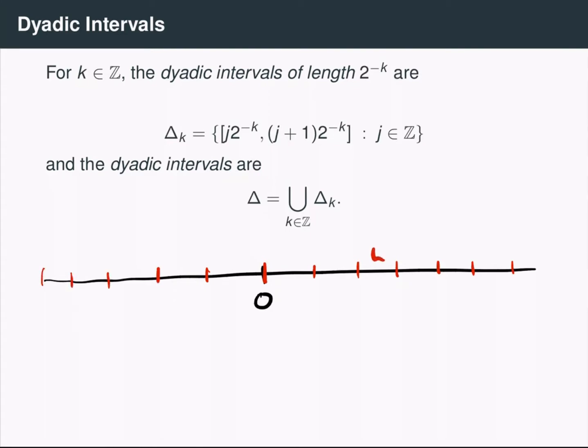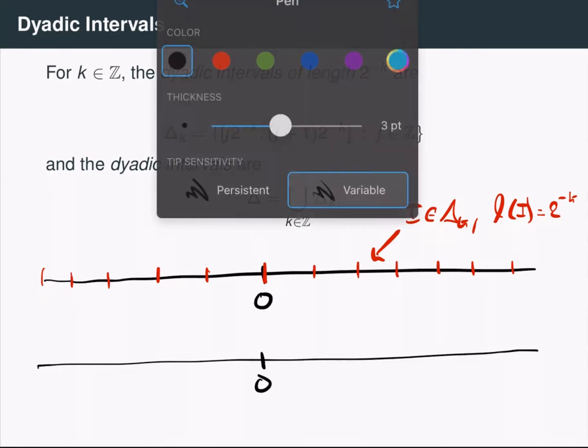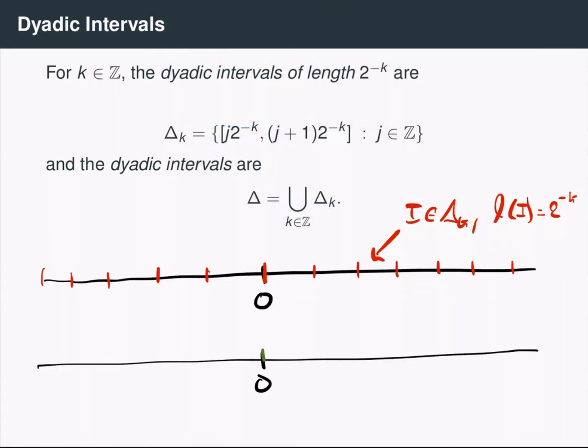Okay, so each one of these intervals is an interval in delta k, and by virtue of being in delta k, its length, which I denote L of I, is equal to 2 to the minus k. Now, dyadic intervals have a nice nesting property. If I look at the collection of intervals in delta k plus 1, notice what happens.